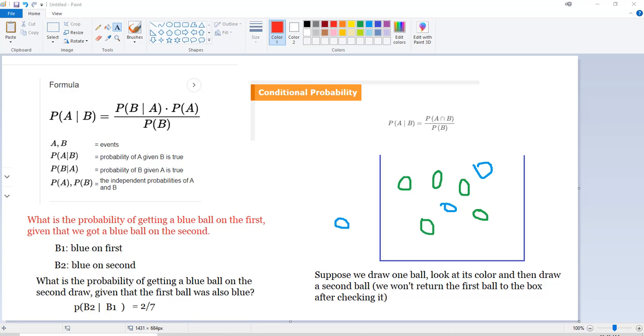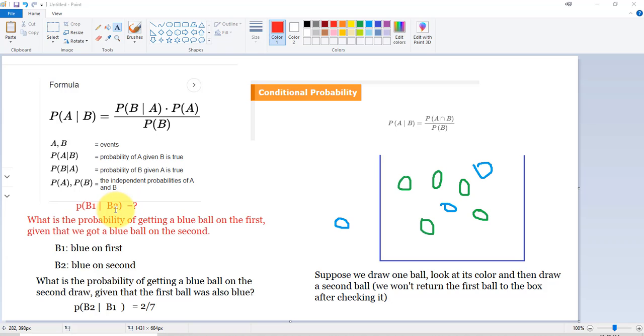Writing it is not too hard to do, but thinking about what it means is hard. This is how we would write it: the probability of getting blue on the first, given that we got blue on the second. As I said, there's no way to figure out how to answer that. Why is it? Because these are in the wrong order, right? We don't get a blue on the first after getting a blue on the second. So it's very hard to think about it.